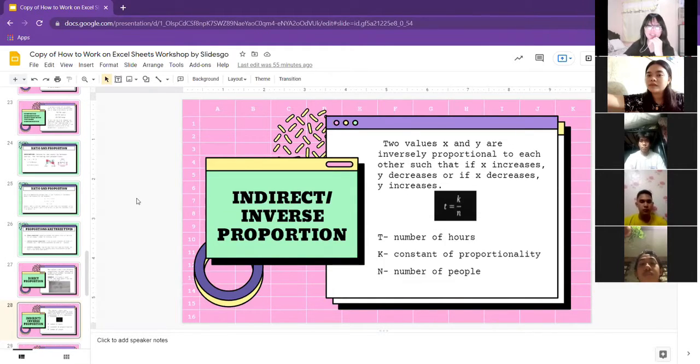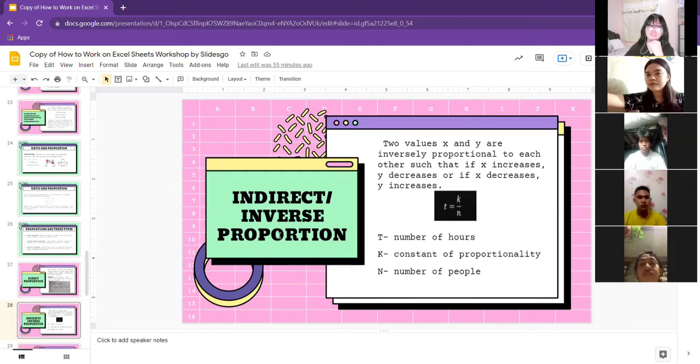Next. Sa indirect or inverse proportion naman, the two values x and y are inversely proportional to each other, such that if x increases, y decreases, or if x decreases, y increases.